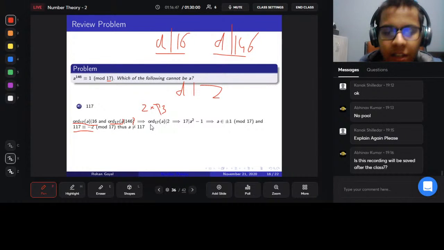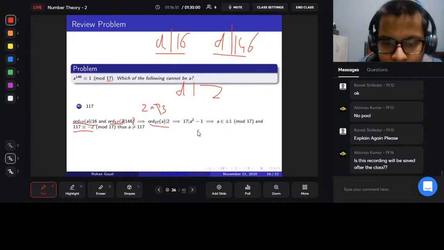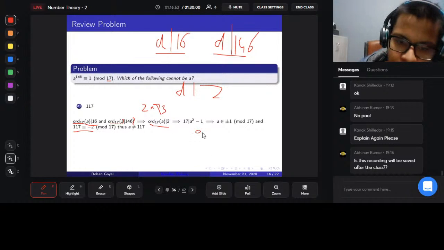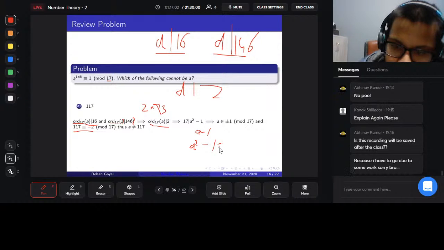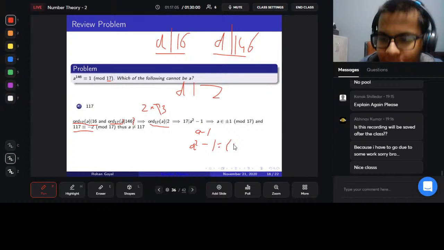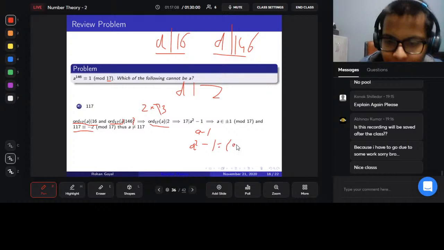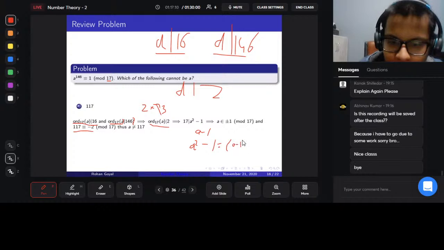So the order of A mod 17 divides 2. So 17 must divide either A minus 1 or A squared minus 1. In case it divides A squared minus 1, you can factorize this as A minus 1 times A plus 1.